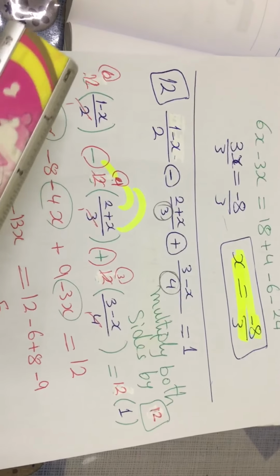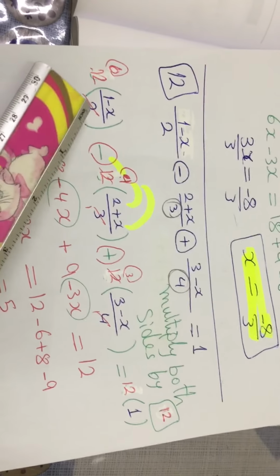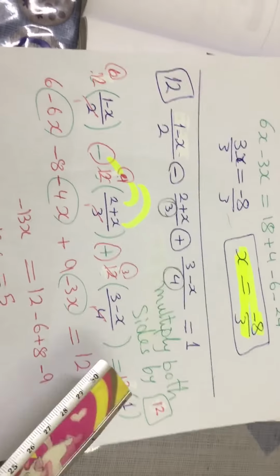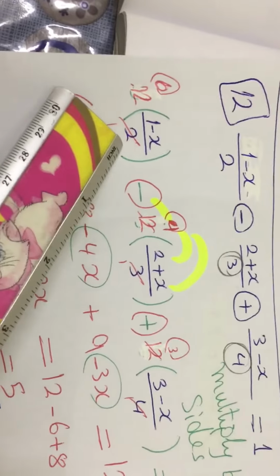So as we used to do, 12 and open brackets to put the fraction, minus 12 and open brackets to put the second fraction, plus open brackets 12 multiply open brackets to put the fraction, equal 12 also multiply by 1. Now we start to simplify. 12 divided by 2 equal 6. So you have 6 positive multiply by 1 equal 6, and 6 positive multiply negative x equal negative 6x.